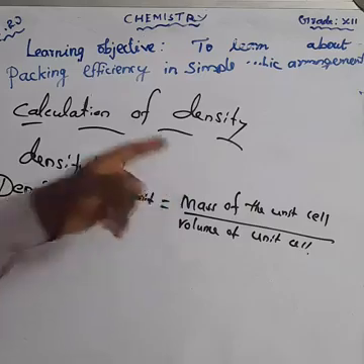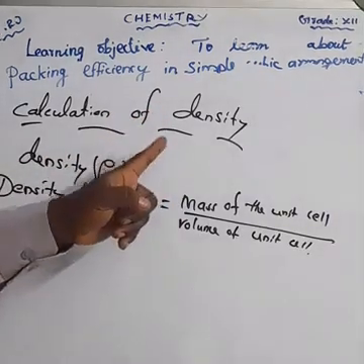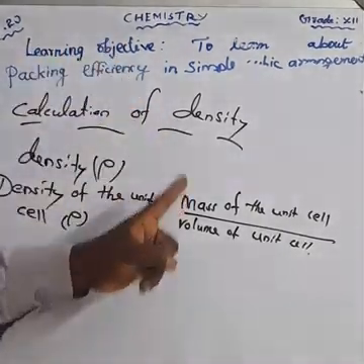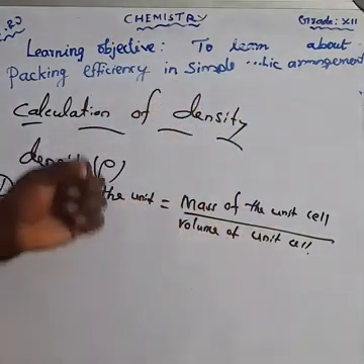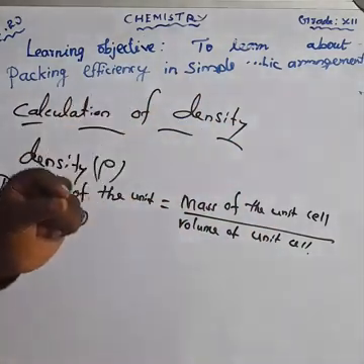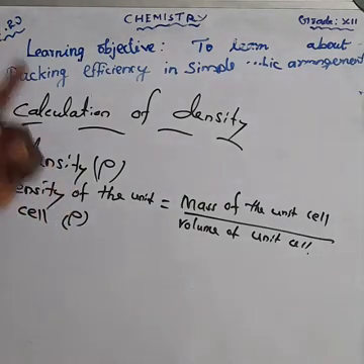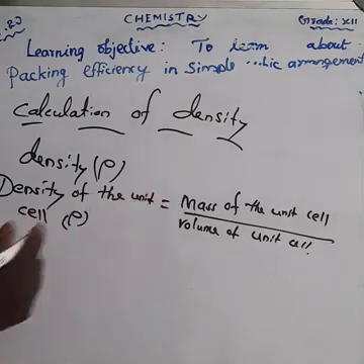What is the mass of the unit cell? The mass of the unit cell is equal to the total number of atoms belonging to that unit cell, denoted by the symbol small n, into the mass of one atom.